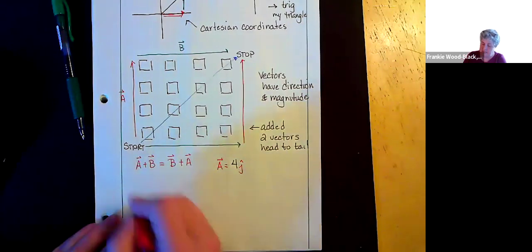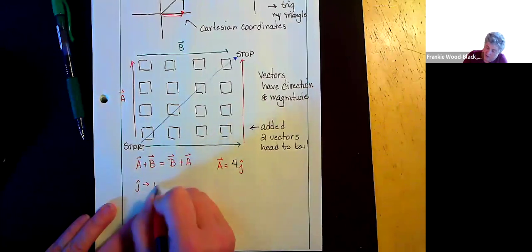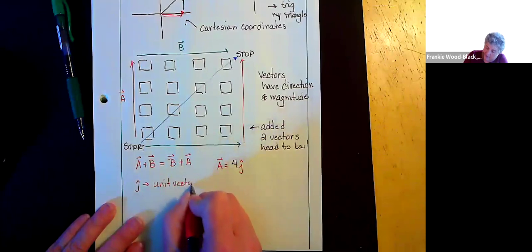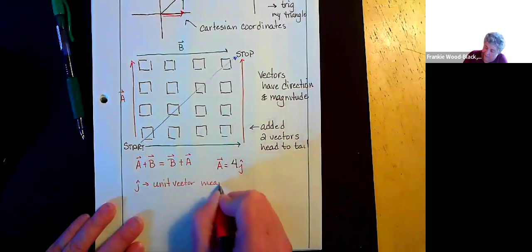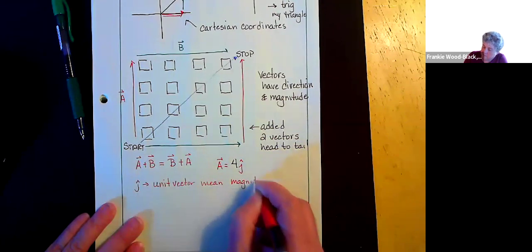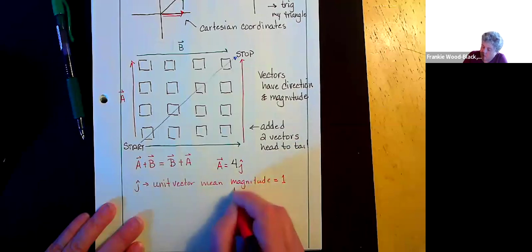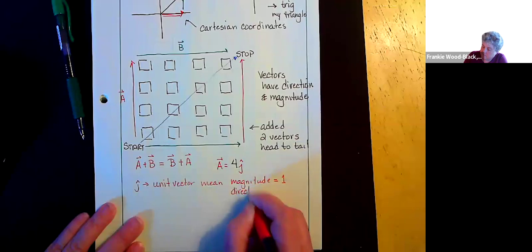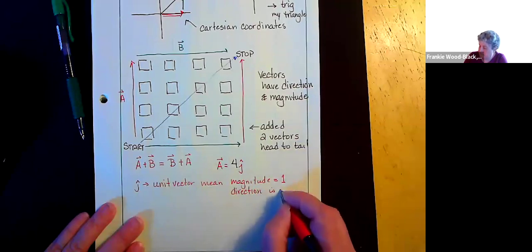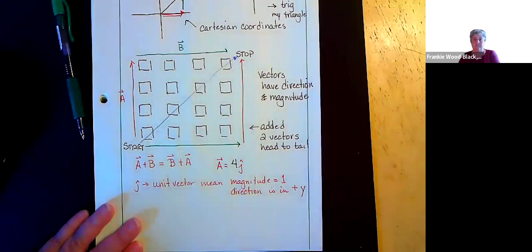This little j with the caret is a unit vector, meaning the magnitude is 1, and the direction is in the positive y direction.